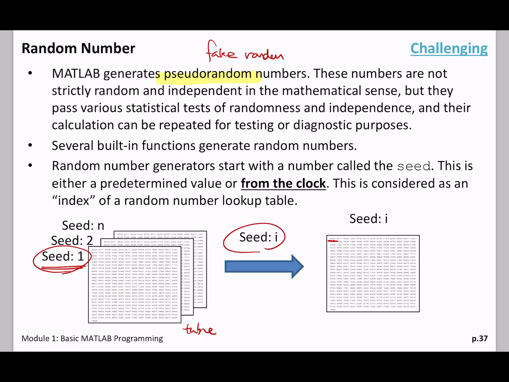But this seed is generated from the time information, the clock information. That's why whenever you run the random number, you will generate a different number, because the time keeps changing, right?